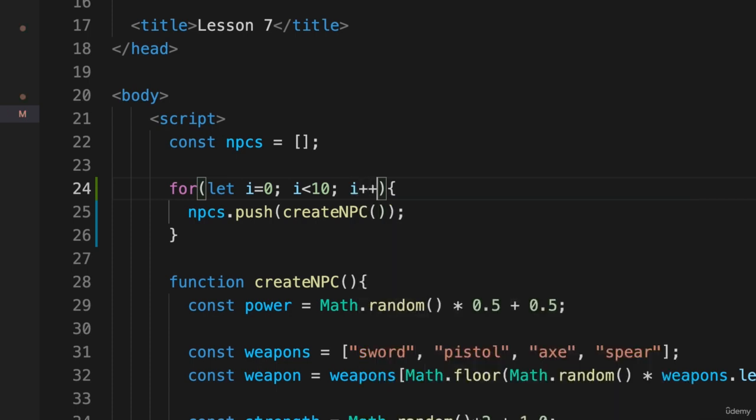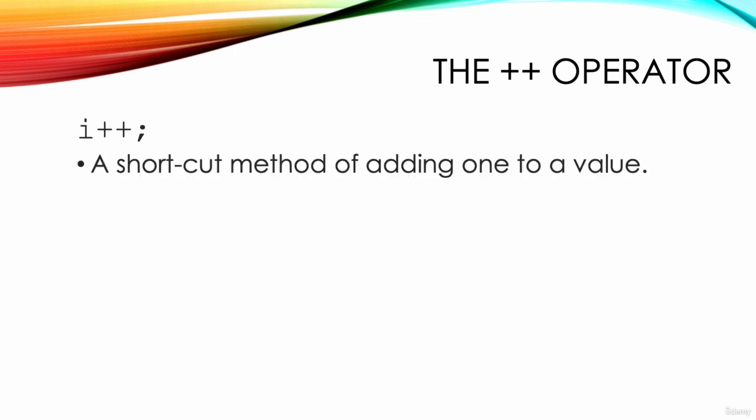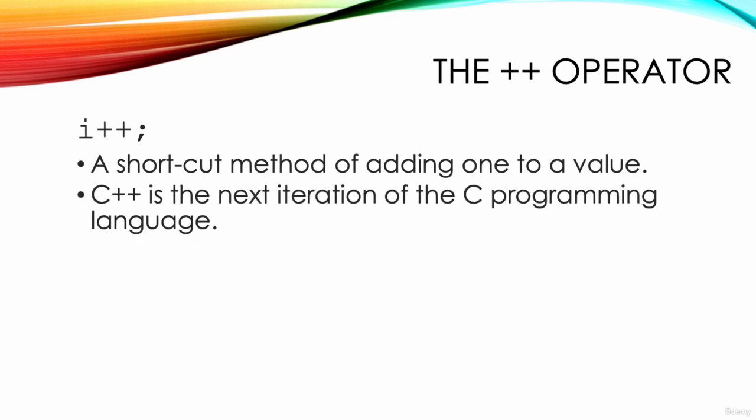Finally, we want to add 1 to the variable i each time the code block executes. JavaScript has a shortcut method for adding 1 to a number. We use plus plus. You might have seen there's a programming language called C++, and this is meant to indicate that it's the next iteration of the C programming language.